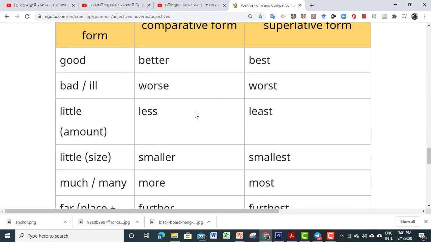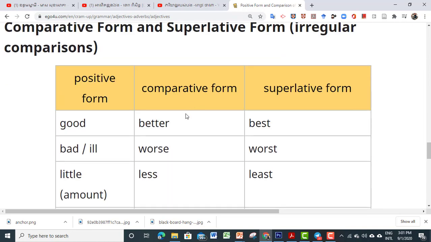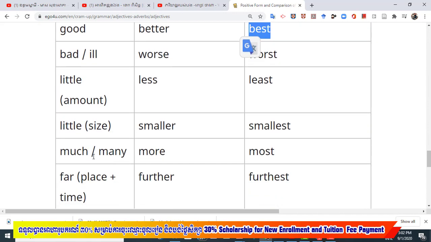Here are some more irregular adjectives that you see here, like good: the positive form, the comparative form better, and the superlative form best. Bad or ill can be worse and worst. Little can be less and least. Little as well, if we refer to size, can be smaller and smallest.